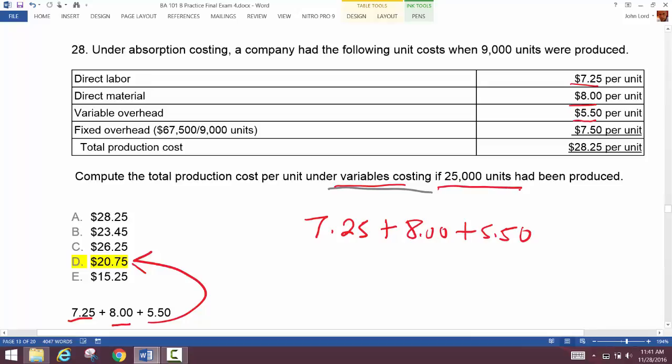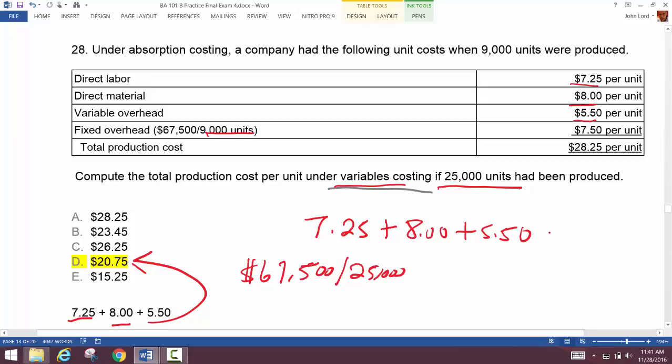Okay, so you still want me to pick up that 750? 750 was at 9,000 units, wasn't it? So what do you want me to do here, at 25,000 units? You want me to take this $67,500 and divide it by how many units? 25,000 units. There we go. Now we've got a fixed cost per unit, don't we?